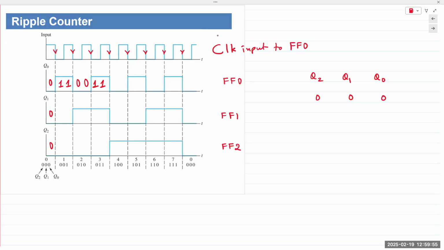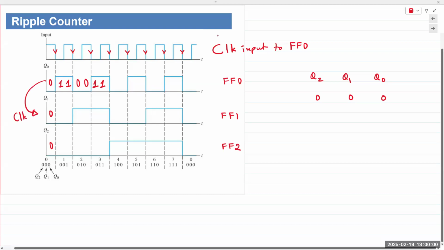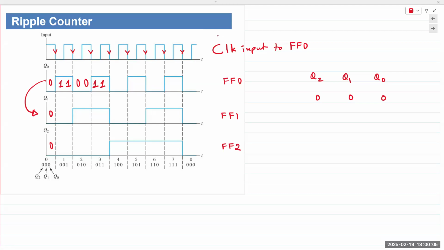But Q0 is fed as clock to flip-flop 1. Let's count that as clock 1. And the negative edge doesn't arrive until here. So output of FF1 stays at 0 until the first negative edge arrives right here, when it goes to 1.